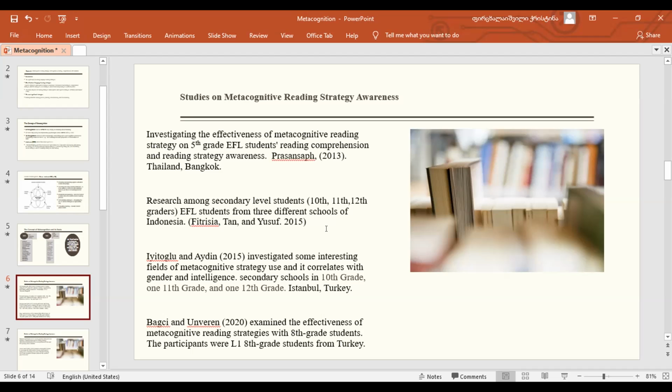Research among secondary level students, this is 10th, 11th, and 12th graders, conducted in Indonesia in 2015 from 3 different schools, also says that metacognitive strategy has a positive effect on their knowledge and reading comprehension. But these scientists faced one situation.